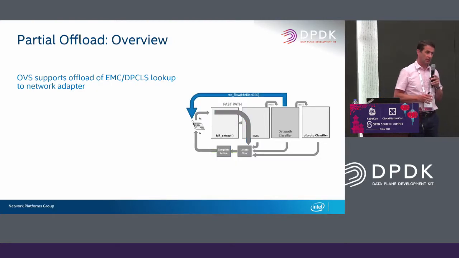It's slower. So what we've done now is we have added the ability, via the DPDK rte_flow API, to offload matches from there back to the hardware. That gives you an even faster path where you're doing the classification in the hardware, so you're bypassing the lookup in OVS completely.